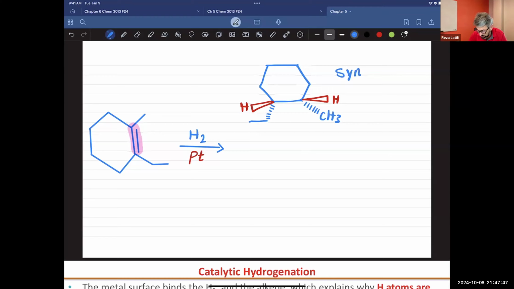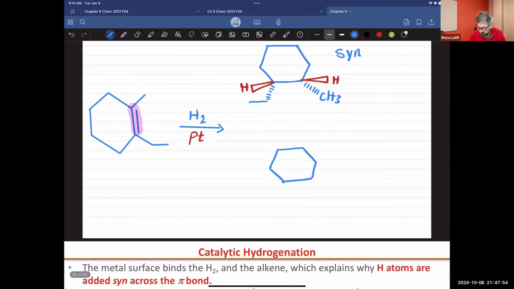Or we might get this one. Okay, and both hydrogens were added to the bottom of the molecule. So I'm going to show them by dash. And the methyl will show up, so the methyl will be pointing to us. Okay, forgive me.